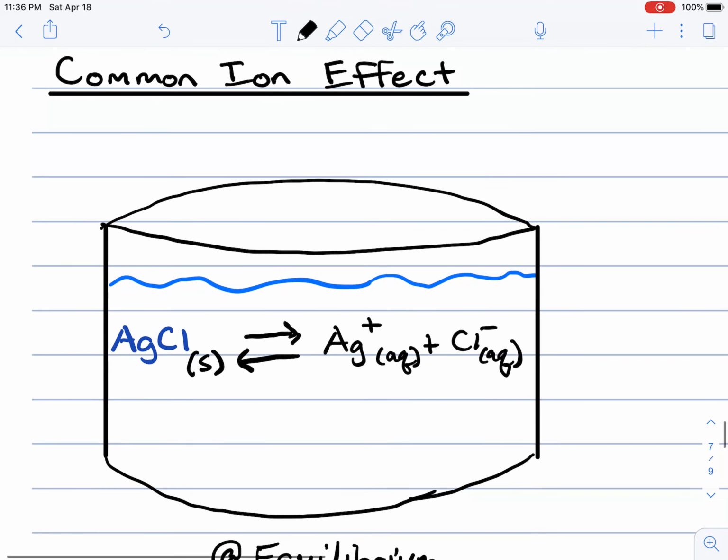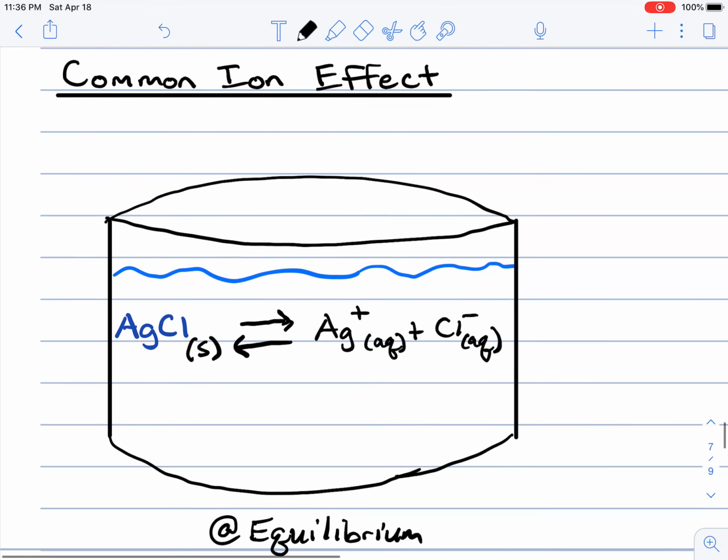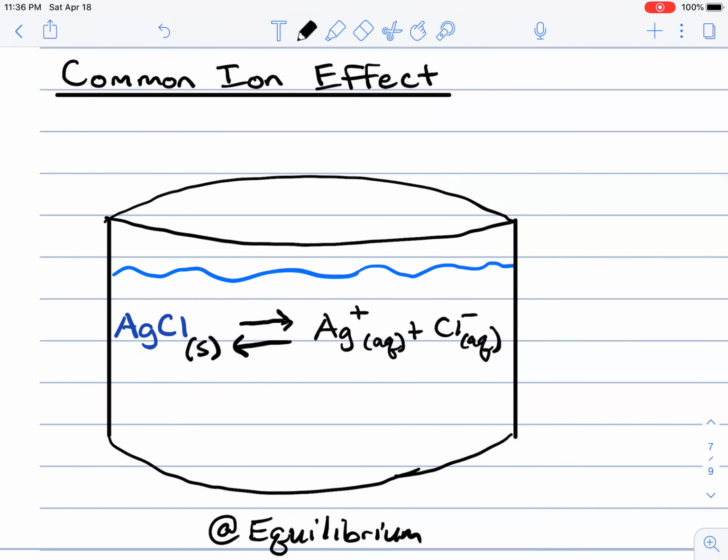So when you guys are talking about the common ion effect, the common ion effect is nothing more than an application of Le Chatelier's principle.